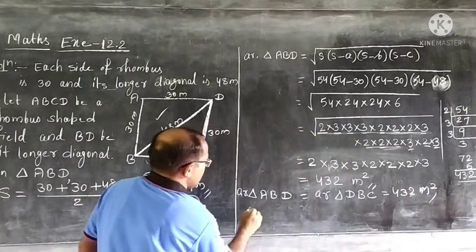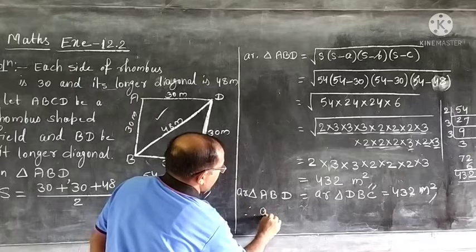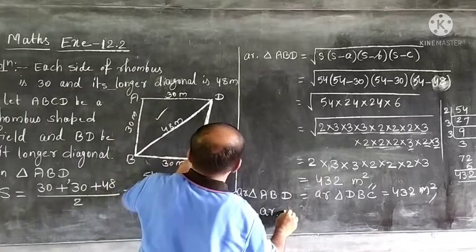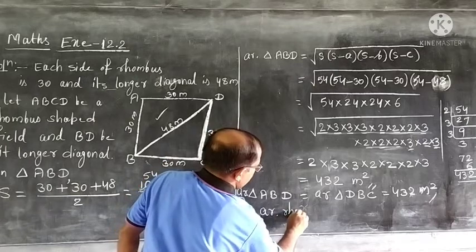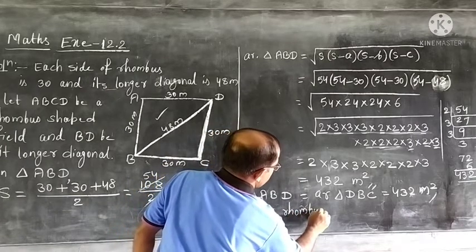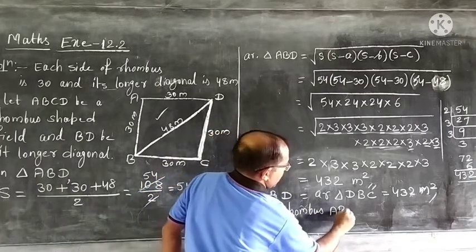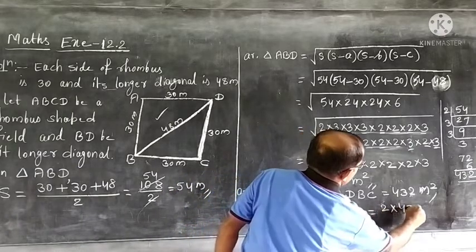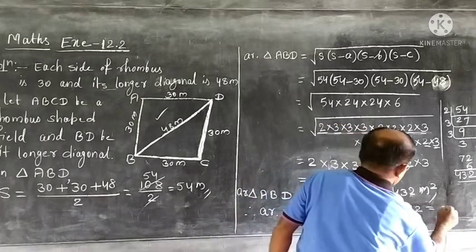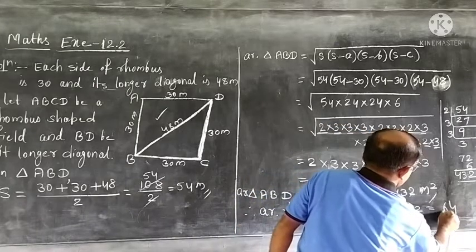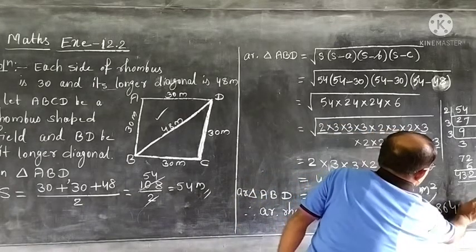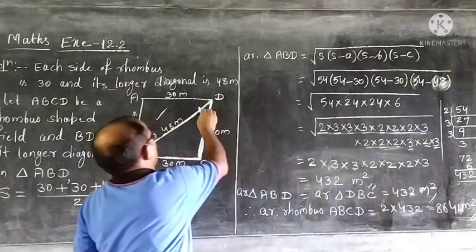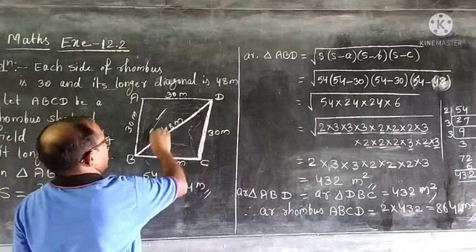That means what will be the area of the rhombus field? Area of ABCD, area of the rhombus ABCD will be 2 into 432. We get 864 meter square. So, 864 meter square area of grass is there on this field.